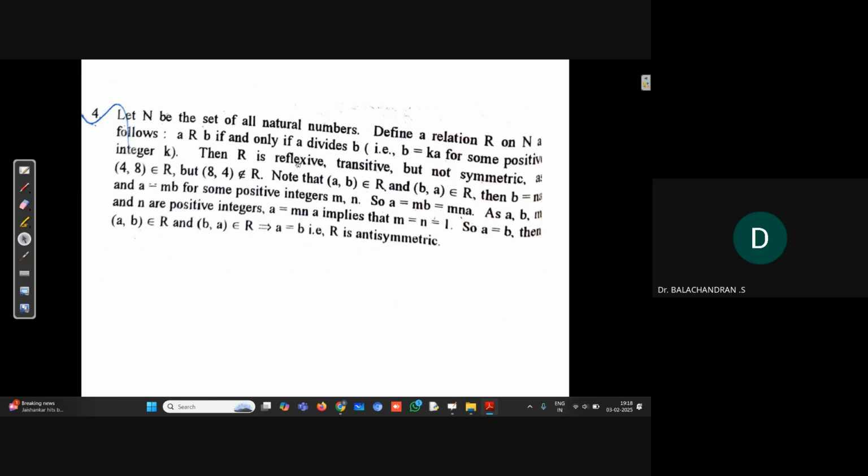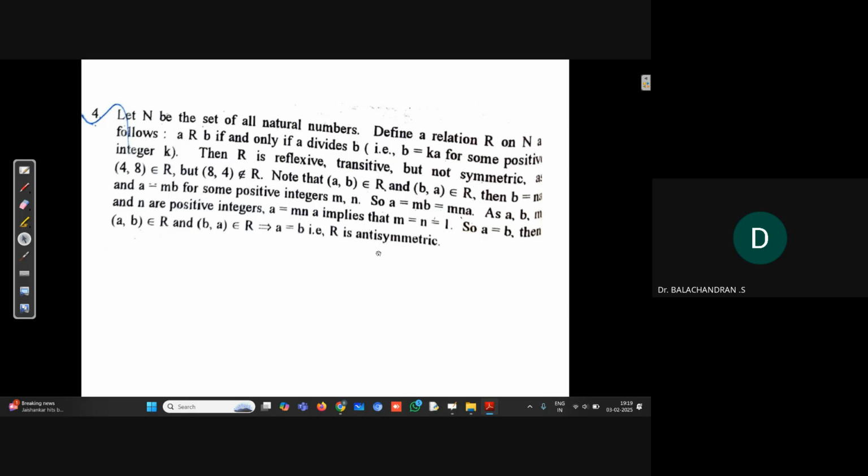Transitive: how is it transitive? a is related to b implies a divides b, and b is related to c, that you should also assume, implies b divides c. So a divides b and b divides c, then automatically a divides c. That's why R is transitive. But it is not symmetric. The reason is 4 divides 8, but 8 does not divide 4. That's why it is not symmetric.